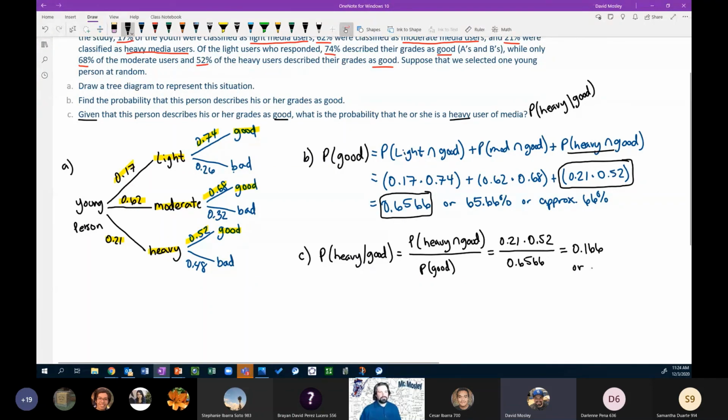Or you can say 16.6%. And that's it. So this is how we use tree diagrams and conditional probabilities and the general multiplication rule. Right? What can I clarify?